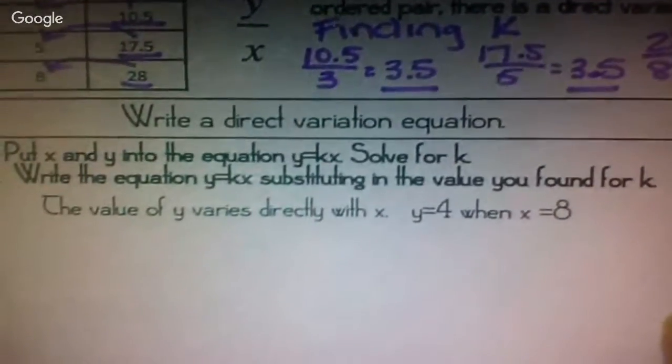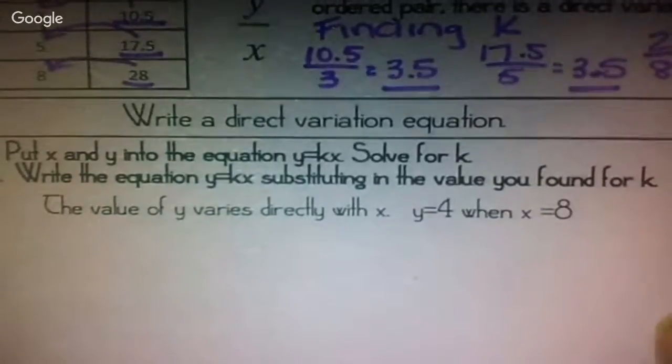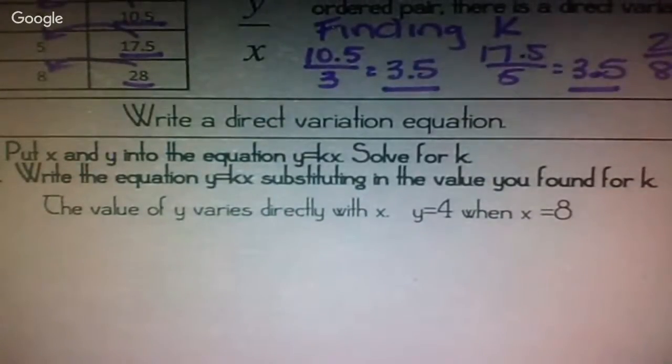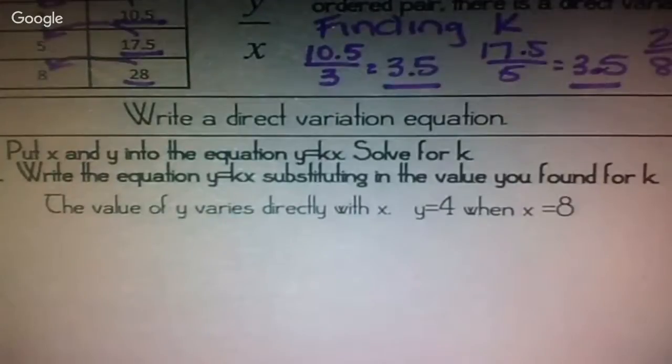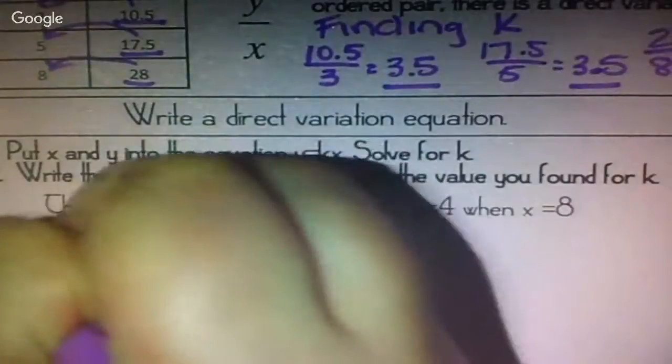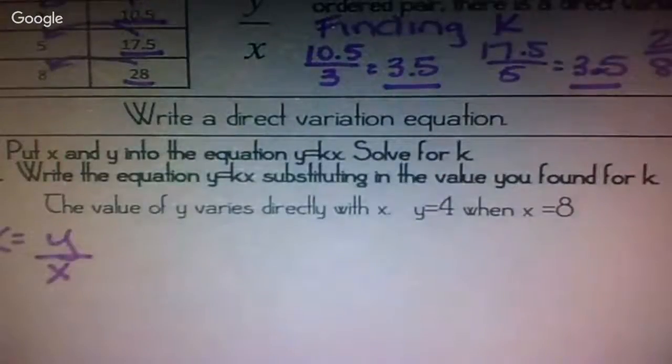Okay, write a direct variation equation. When we're doing this, the first thing we need to do is find our K value. Well, K is always y divided by x.